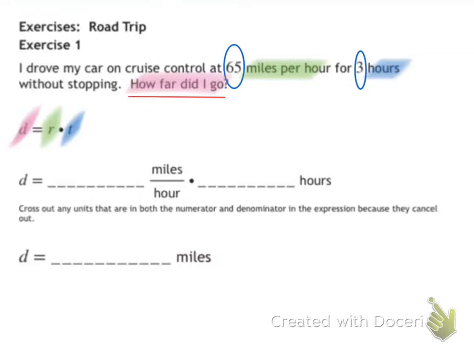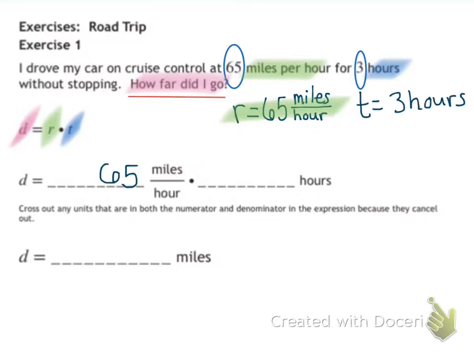So I'm just going to take the information that's already there and plug it into this equation. So we know we're going to have to multiply the rate times the time to find the distance. So rate equals 65 miles per hour. I'm just rewriting what I know in simple terms. And I know that time equals 3 hours.